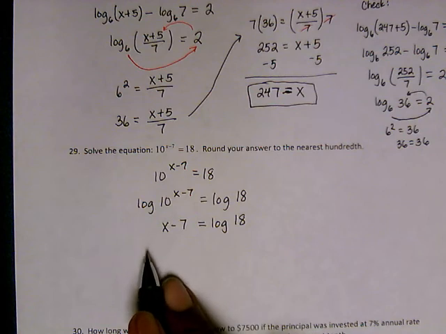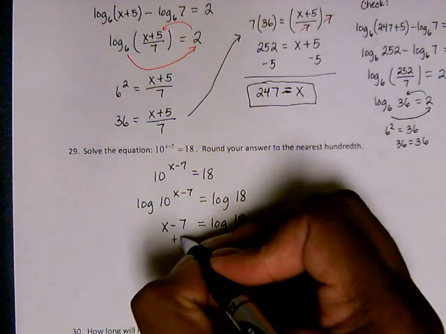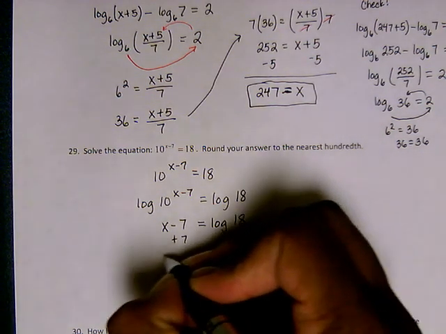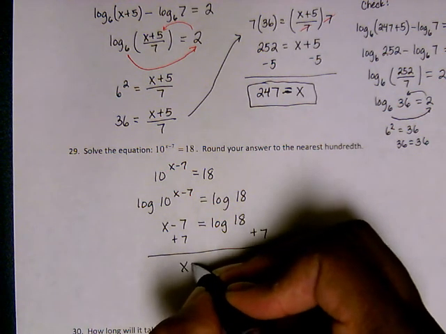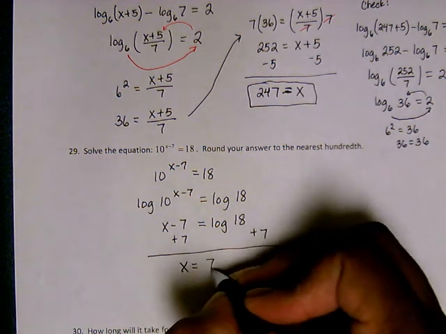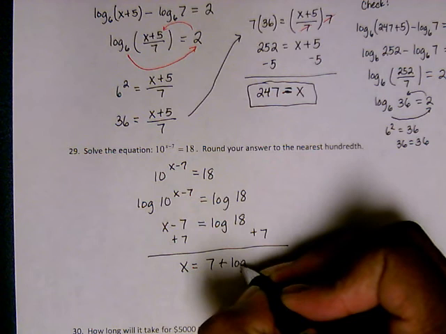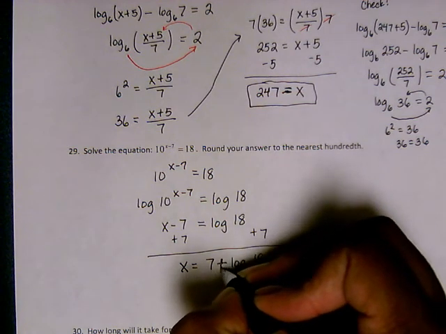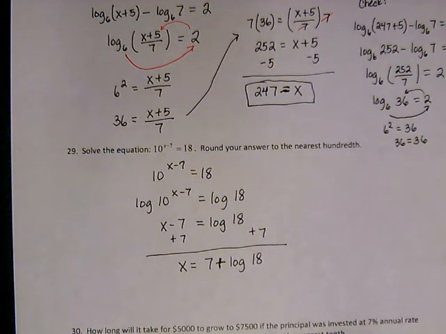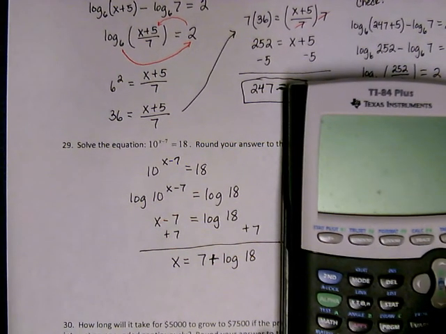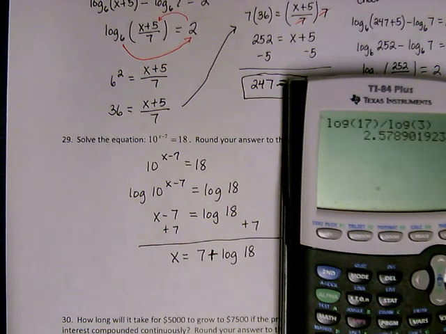Now I'm going to get the x by itself. I'm subtracting 7, so I'm going to add 7 on both sides. So I have x is equal to, now here I'm going to put the 7 in front of the log of 18. And then I'm going to use my graphing calculator to come up with the approximate value of that x value here.